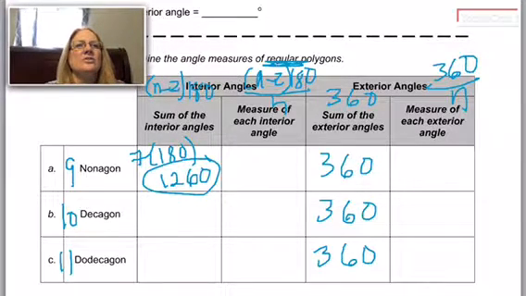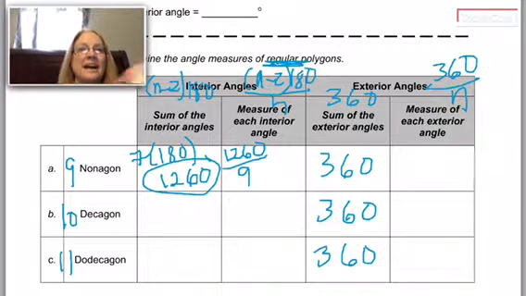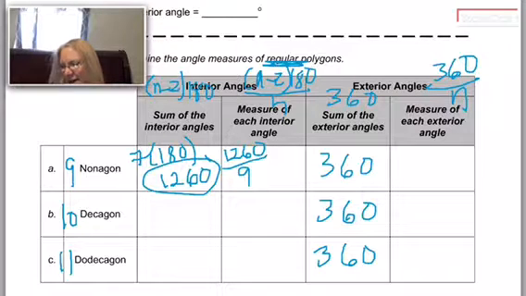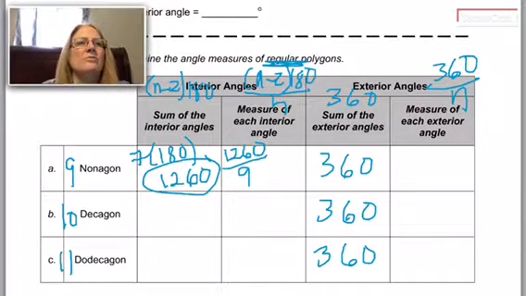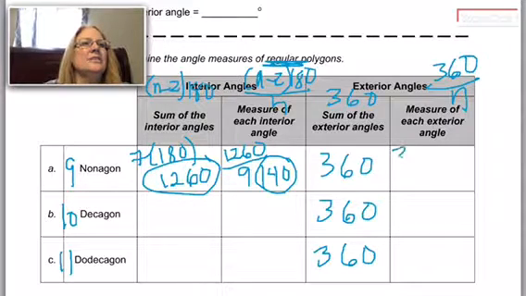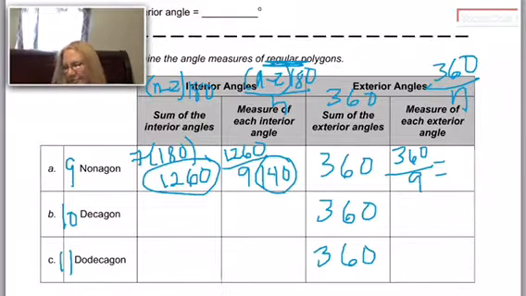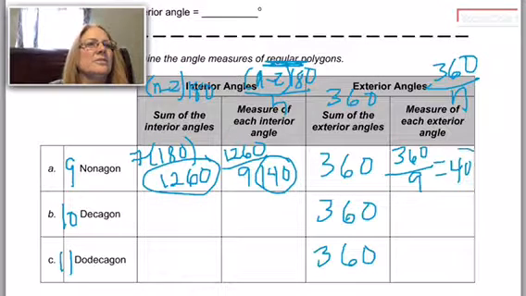And then each is 1260, and make sure you divide by the 9, not the 7. So 1260 divided by 9 is 140. And then this is 360 divided by 9, and that is 40 degrees.